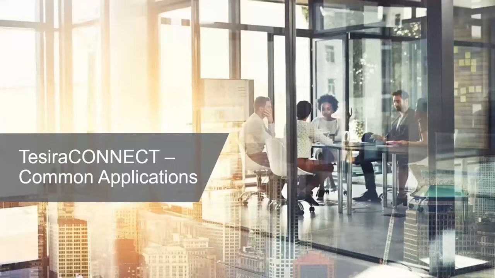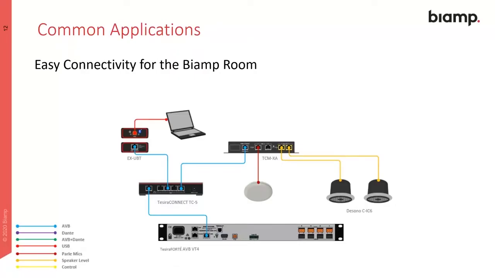Okay, so now we're going to talk about the TesiraCONNECT common applications: when to use it and how to use it. For the TesiraCONNECT 5, the normal one, let's say you have this huddle room with two speakers and one TCMX microphone, our beam tracking microphone, and an EXUBT because you want mute sync between Microsoft Teams or Zoom.